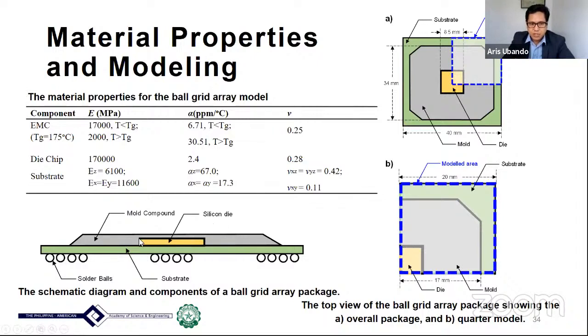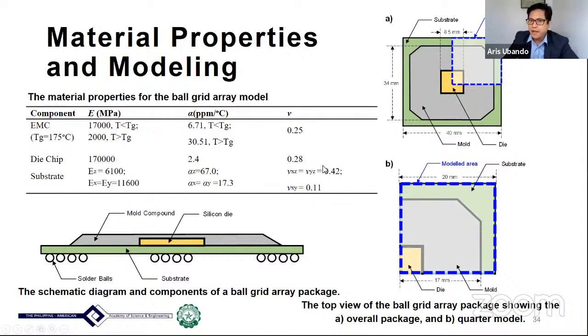The silicon die, as shown in the yellow figure, and the solder balls are shown in the figure. We have considered the modulus of elasticity of the different components. We have alpha here, of course the glass transition temperature, and of course the Poisson's ratio.